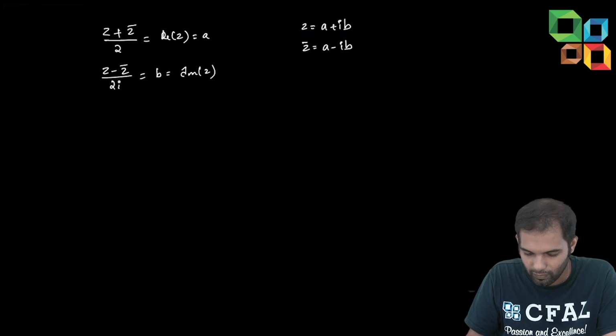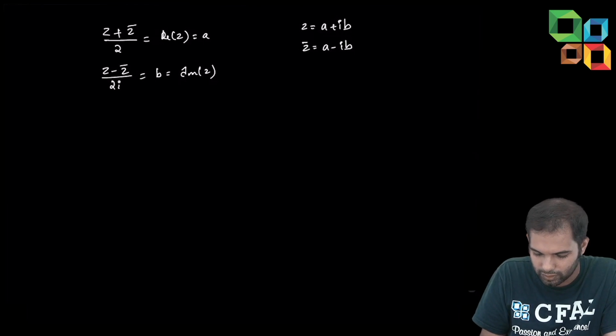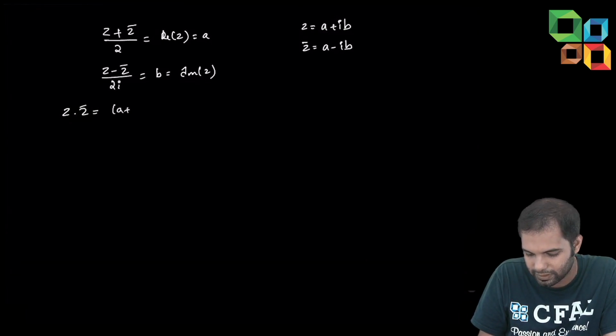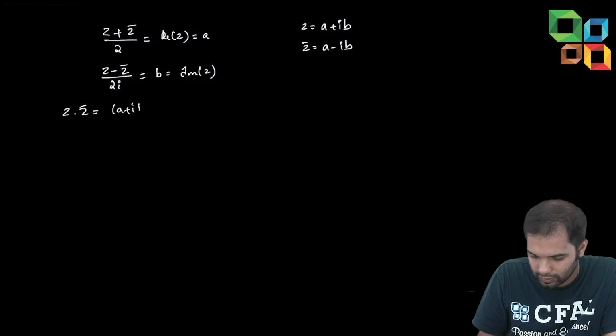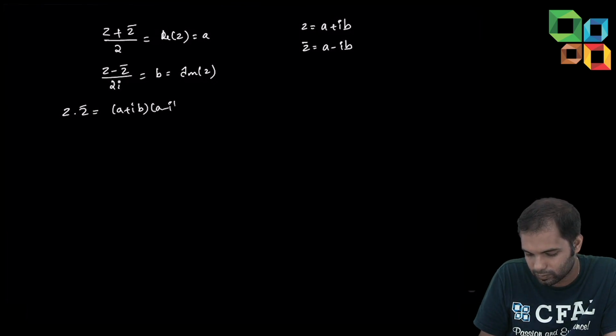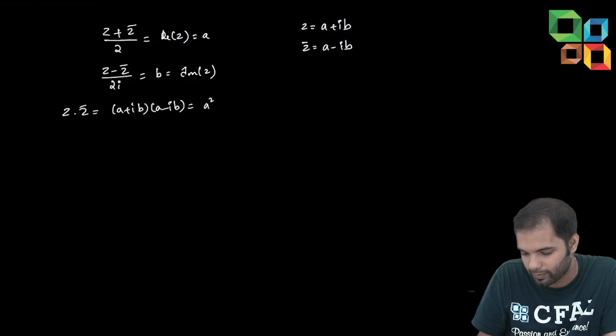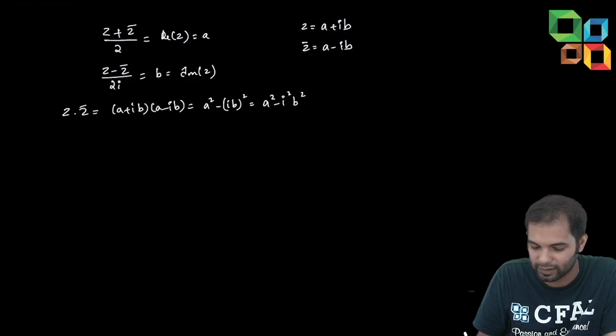Correct. And I think we have seen one more property, which is z into z bar, which is also very important. So what happens when we multiply a plus ib and a minus ib? We can simply use a square minus b square. So it is a square minus ib whole square, which is a square minus i square b square. i square is minus 1, therefore we get a square plus b square.